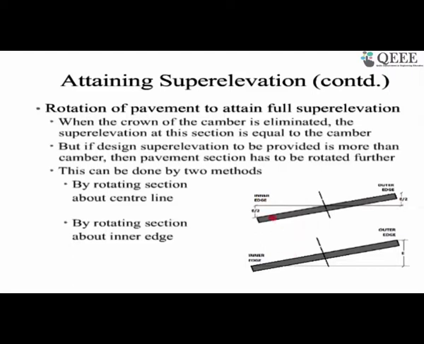However, your ground level is here and you are putting the pavement surface on the lower side. That means there is a chance of water stagnation at this location, so you need to have good drainage. If you hinge this point and keep raising the outer side, then the inner side is at the level of the ground, and this side is rising, so you don't have the water stagnation issue like you have here.